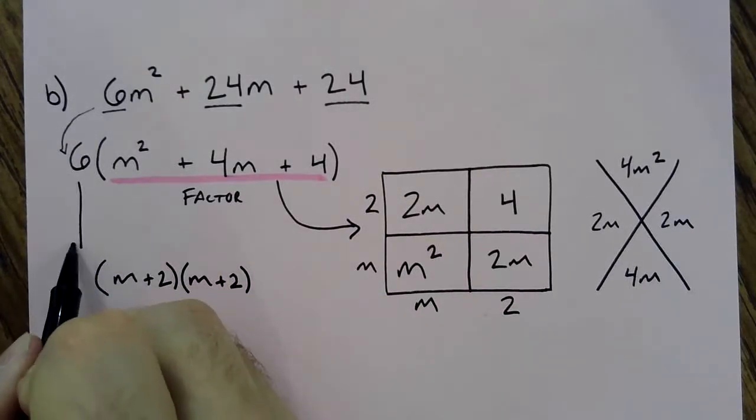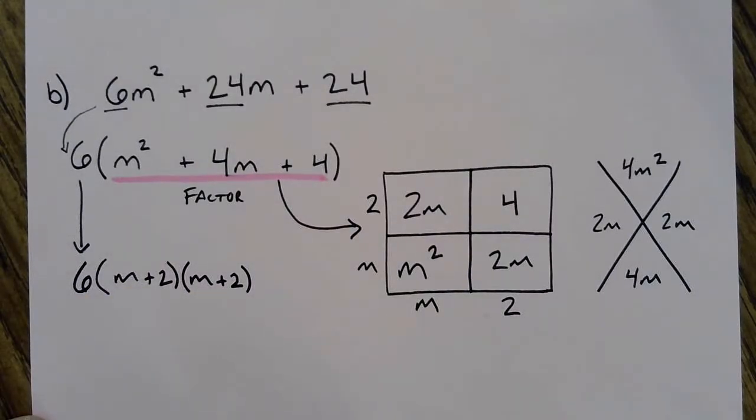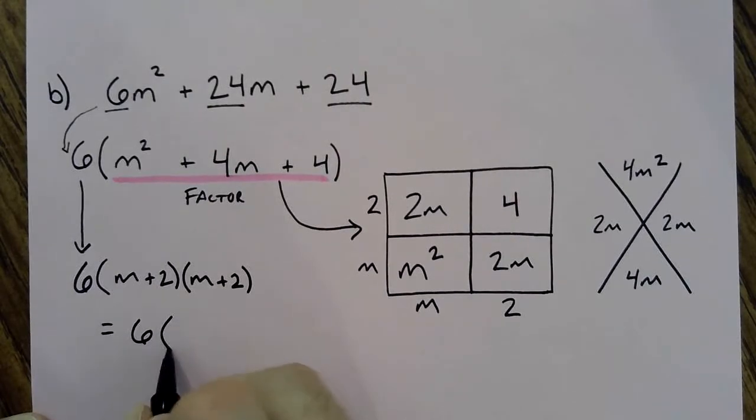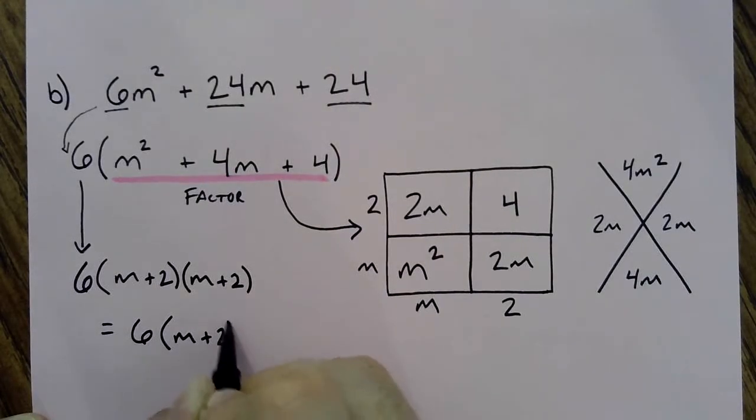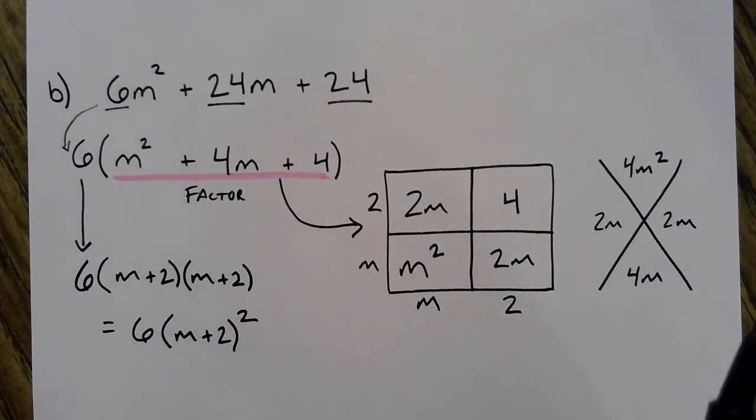And you need to remember to bring down that 6 to be a factor in our factored form. We could also write this as 6 times m plus 2 squared, because we know anything to the second power is itself multiplied by itself twice. So 6 times m plus 2 squared.